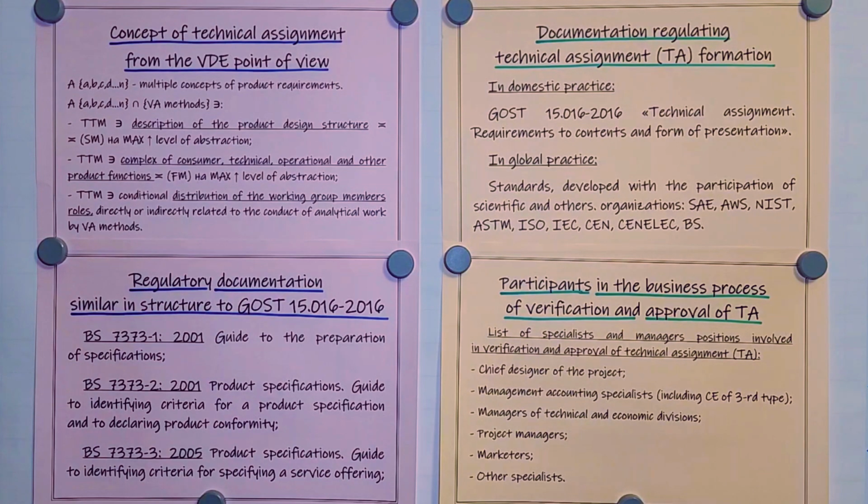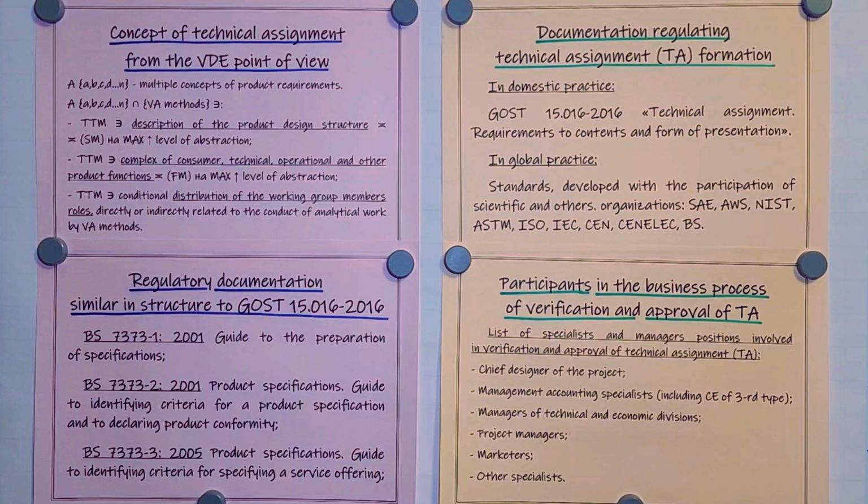In international practice, in accordance with the regulatory documentation available in the public domain, standards are used for many criteria similar to GOST 15016. These normative documents are published by the most well-known organizations in the field of standardization.